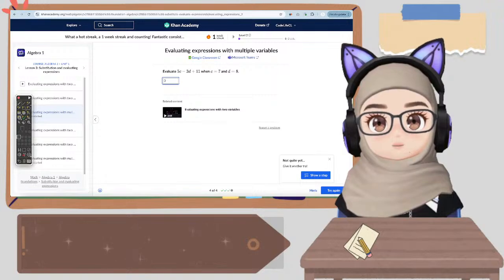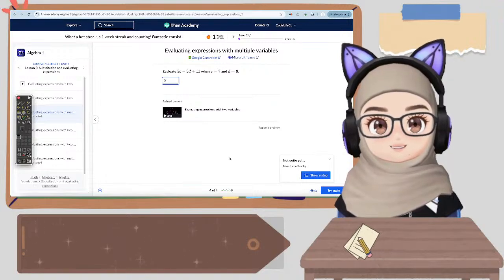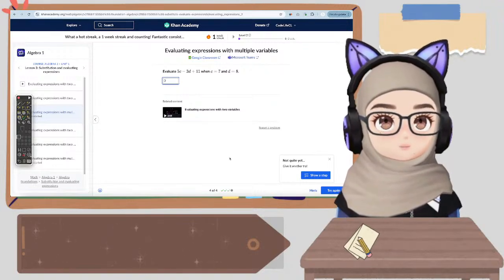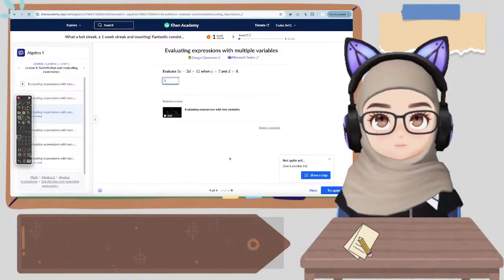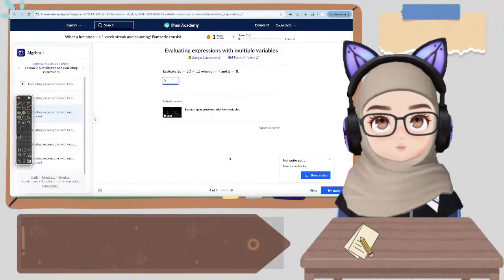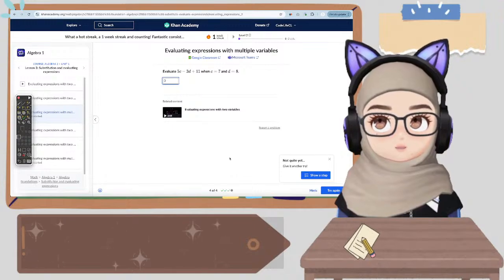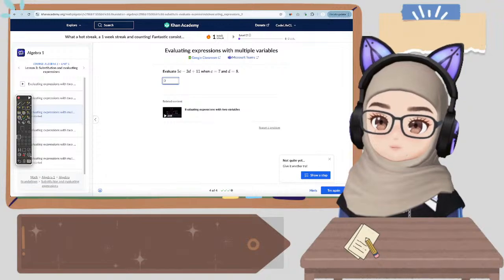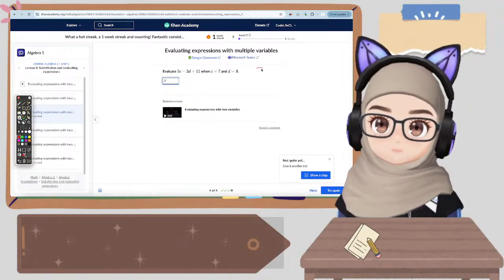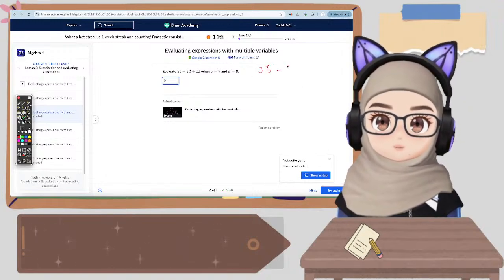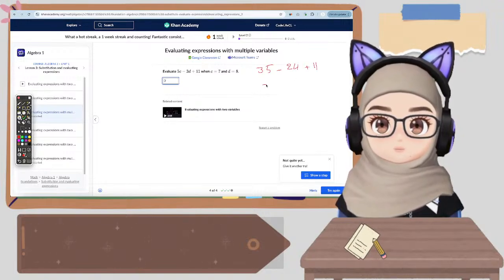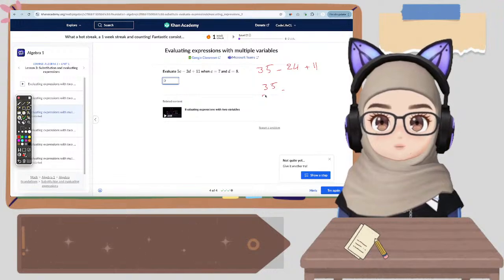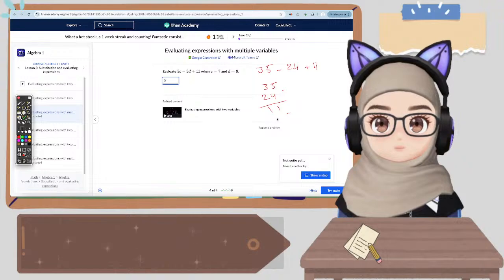Hey! If I do 35 minus 24, hold up, let me try again. 35 minus 24 plus 11 becomes 35 minus 24. Here we have a 1, and then minus, plus 11.